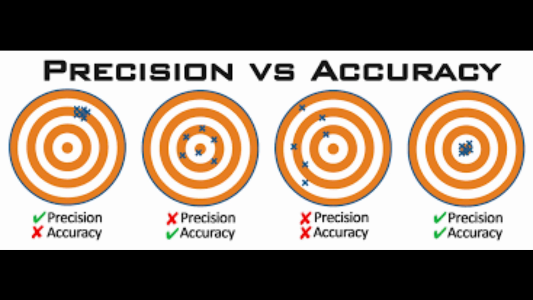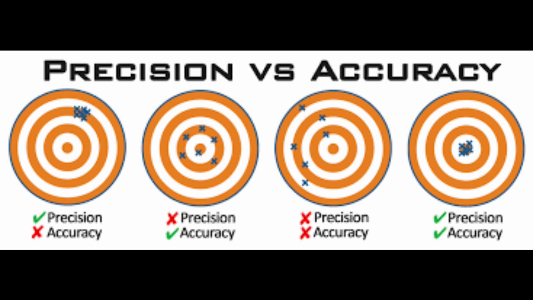Next, sometimes your measured values are far from each other, but they are close to the target. Then your solution is not precise, precision is low here, but accuracy is high.